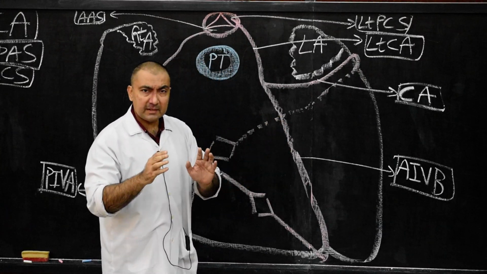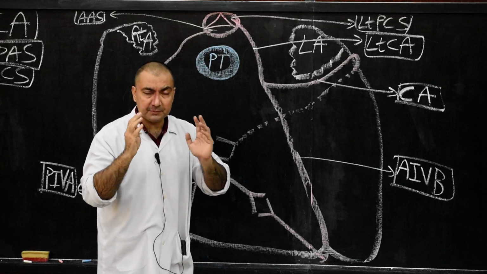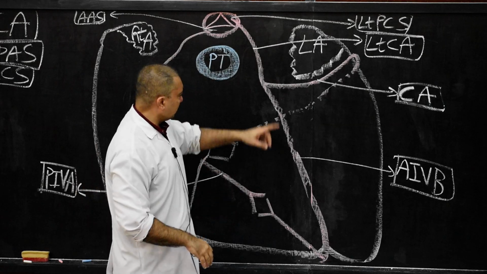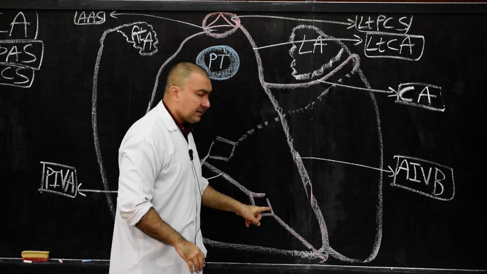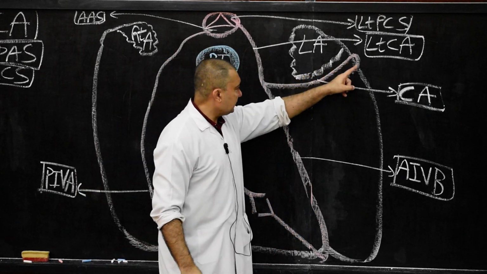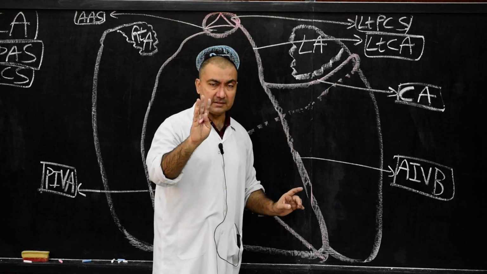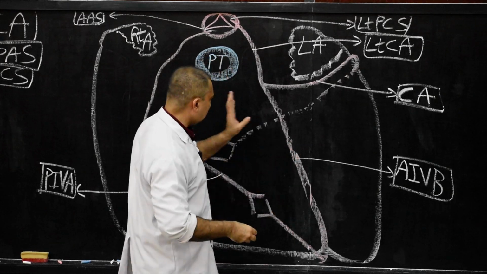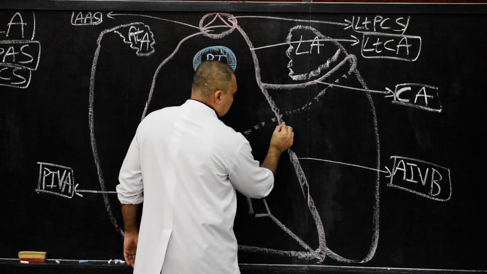Now, for the left coronary artery, we have discussed the course of the two main branches. Now, branches of anterior interventricular artery and branches of circumflex artery. Very interesting. Now, branches of anterior interventricular artery, very simple. For those branches, keep on drawing.